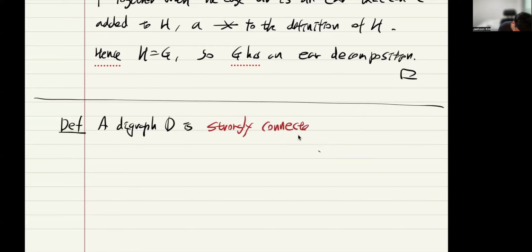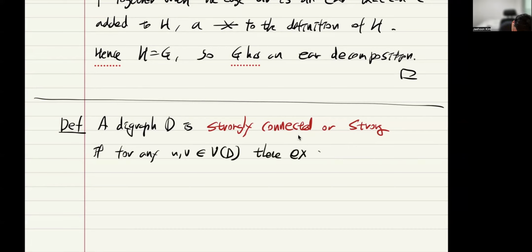We say that this is strongly connected, or simply strong, if for any U and V there is a directed path. Usually in a digraph, if we just say path, this means a directed path from U to V.